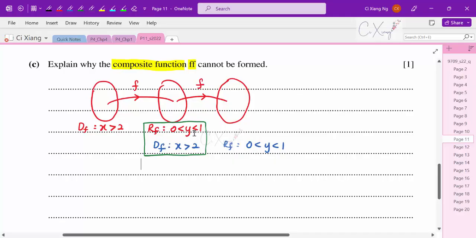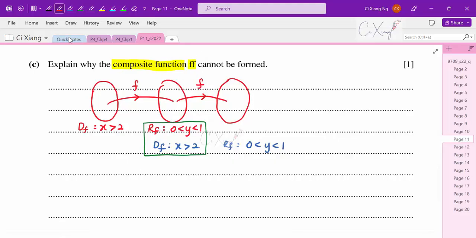So you can see that when we try to compare these two sets, they are not subsets of each other. That means x greater than 2 does not lie inside 0 to 1, or 0 to 1 doesn't lie inside x greater than 2. So this is the reason why we cannot have the composite function ff.